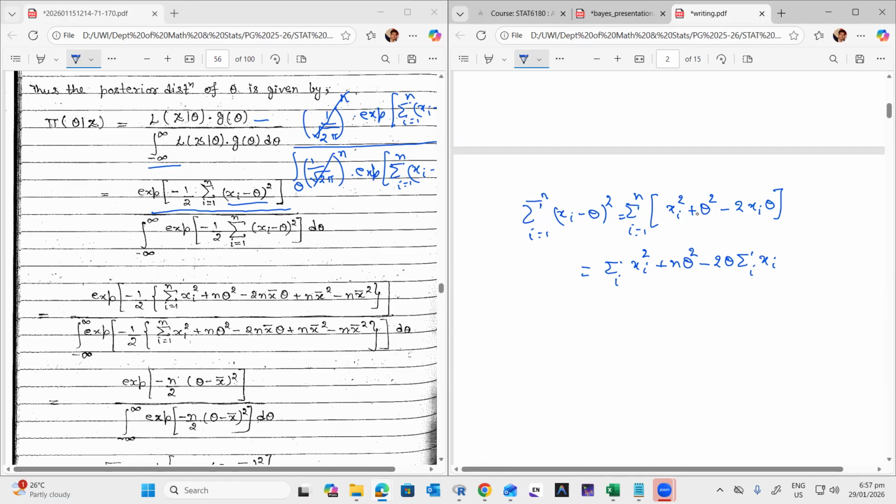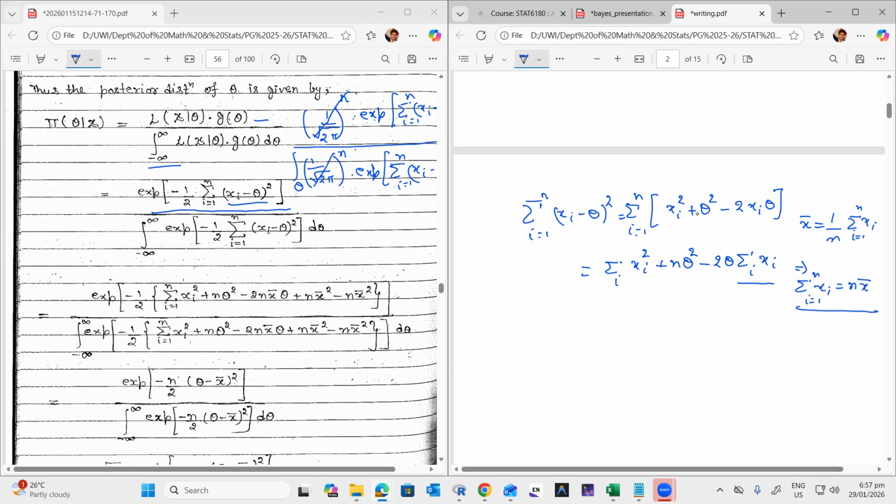Correct. So summation xi can be written as follows. What is the formula of the mean? X bar equals 1 upon n summation over the range of i goes from 1 to n of xi. From this we can write summation i goes from 1 to n of xi equals n x bar.